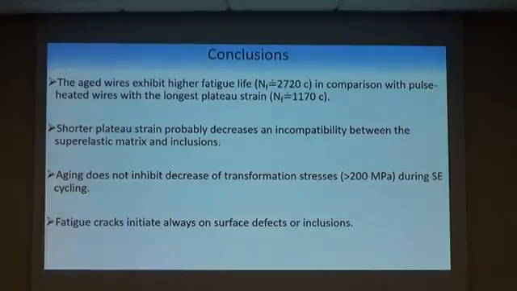However, aging or precipitation hardening doesn't inhibit the decrease of transformation stresses. The decrease of upper plateau stress was always higher than 200 MPa. As I mentioned, there is no correlation between functional and structural fatigue. And finally, fatigue cracks always initiate on near-surface defects or inclusions, which is usual.